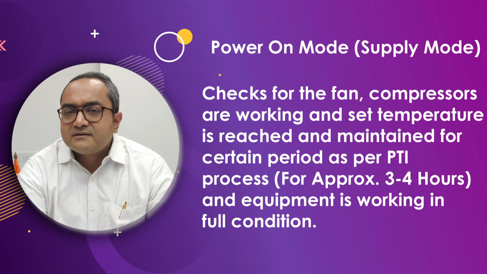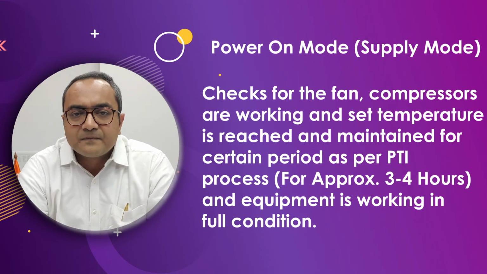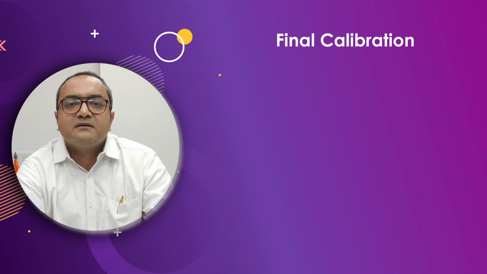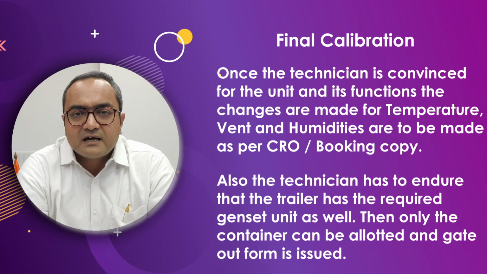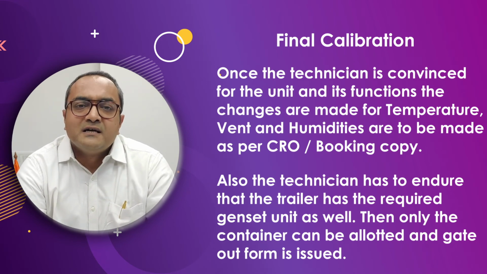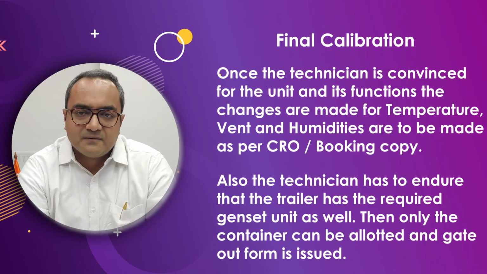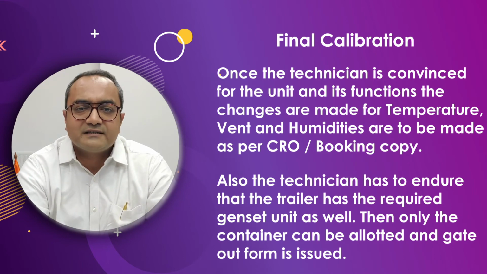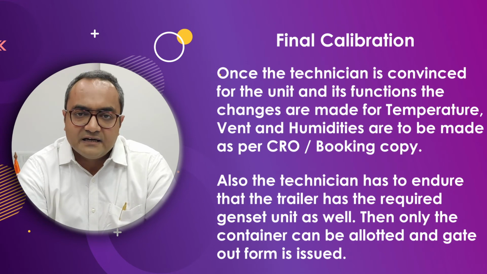Once all these parameters have been identified and checked properly, they go ahead with the final calibration as per the requirement of the customer. For example, for any pharma shipment, the customer has a requirement for a set temperature within a 15 to 25 degrees Celsius range, and the exact set temperature would be, for example, 20 degrees. So that setting has to be carried out by the technician.